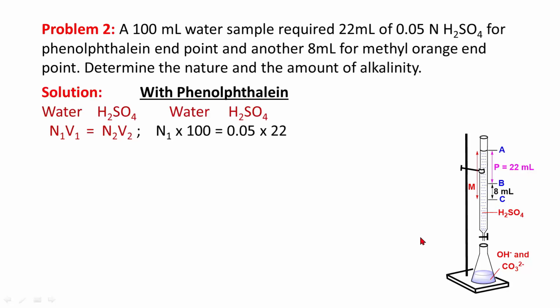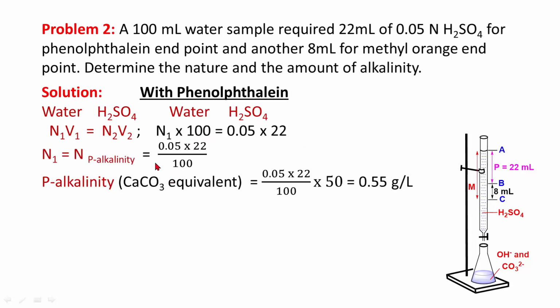With phenolphthalein, we can apply the normality equation to find the normality of water. We can find P alkalinity by multiplying N1 with 50, the equivalent weight of calcium carbonate. It comes out to be 0.55 gram per liter, that is, 550 ppm.